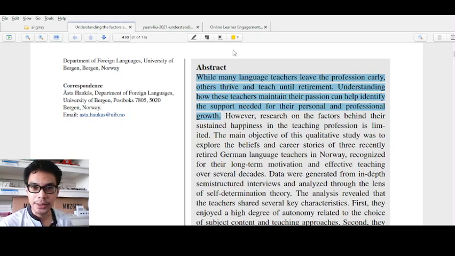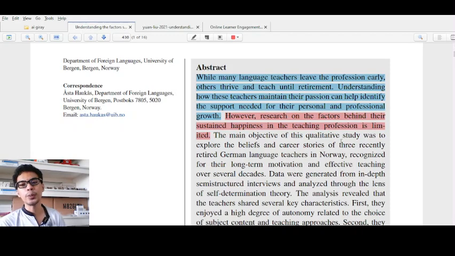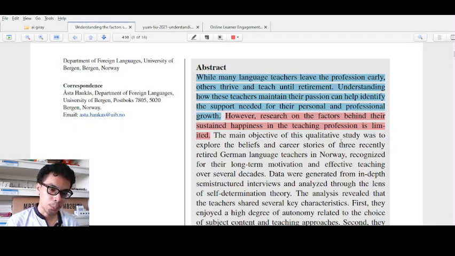The next part should be this one. Okay, need to put another color. This is what we call the research gap. This is what your professors are looking for, and also any other reader. Why are you undertaking this research?